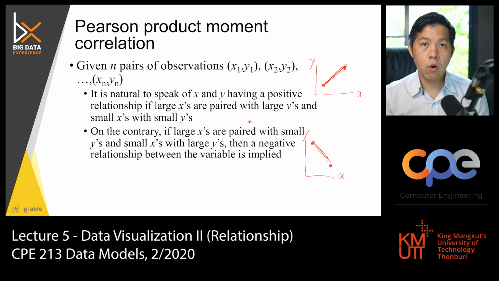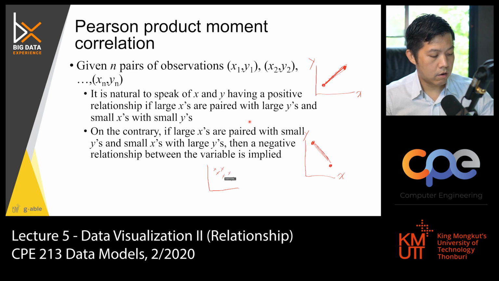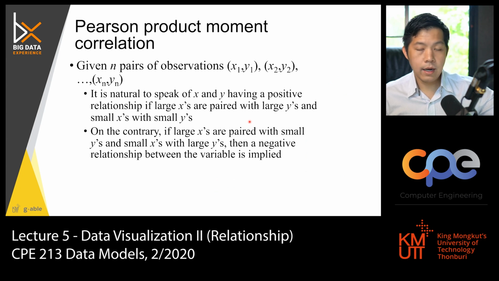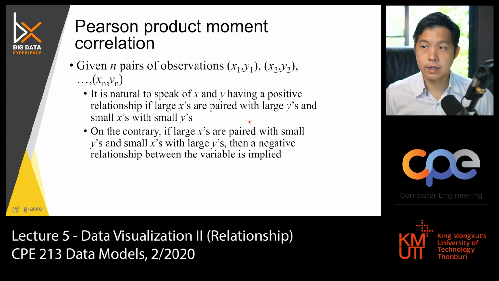How about no relationship? In no relationship, you may have a graph that looks like this, spread all apart. There's no relationship between them. And there are plenty more, which I will show you later on. So large x pairs with large y is positive, and small x pairs with small y is positive as well.